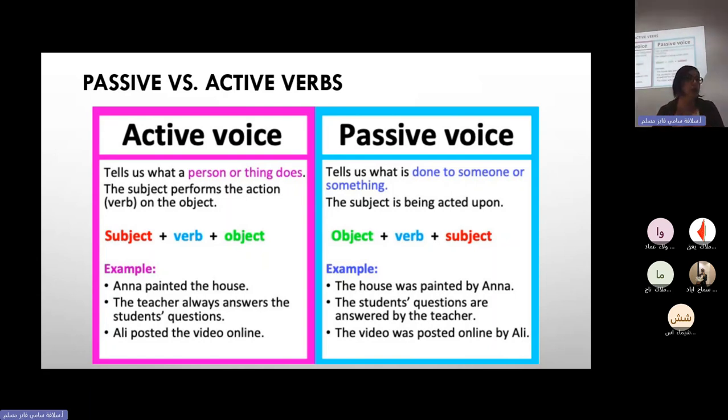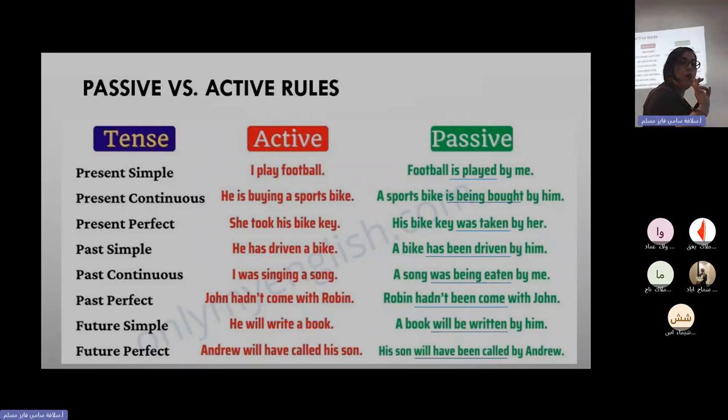The perfect continuous? And the same thing: if the verb is in the future in the active voice, it will stay in the future in the passive voice, but which future? So this is an important point.